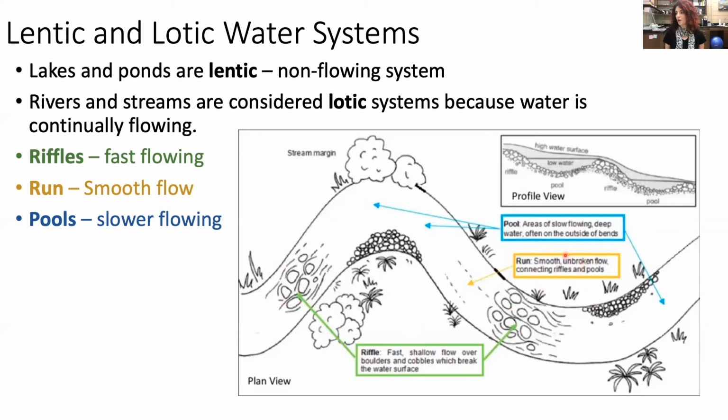In yellow or orange, we have what are called runs. This is where the flow is unbroken, it's smooth, and it is connecting those riffles to pools. So the run is coming forth from the riffle here, continuous unbroken flow until that water reaches a pool.